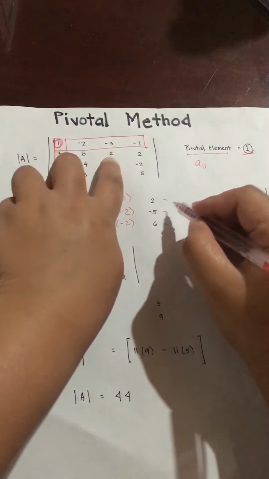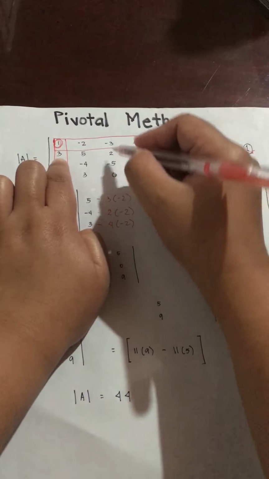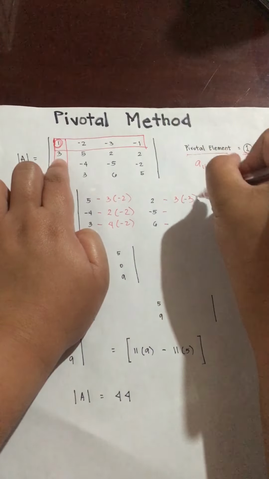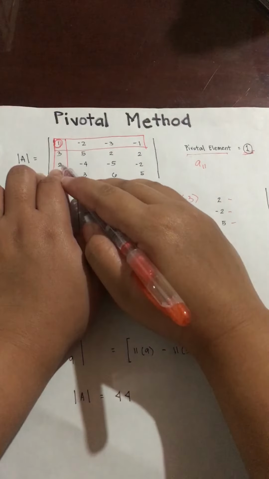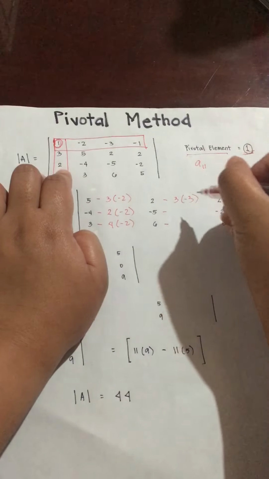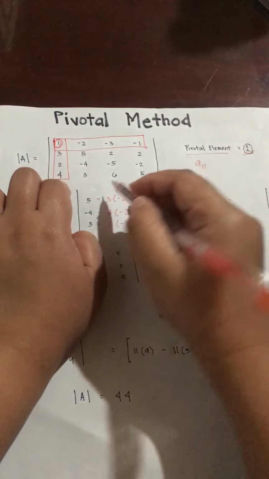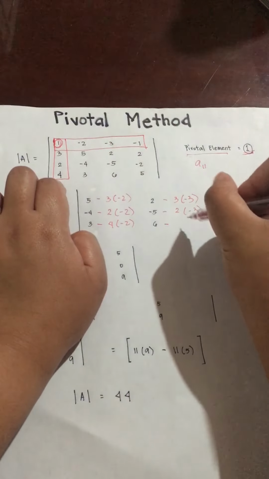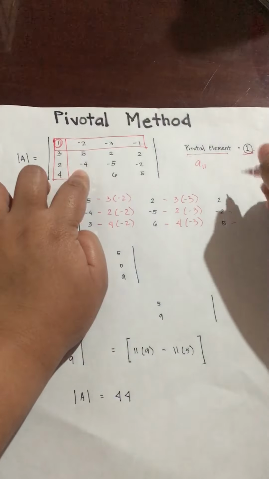Next is yung sa 2 here. Subtract natin sa nag-i-intersect, which is yung 3 and negative 3. Next, yung negative 5 here, which is yung 2 and negative 3. Next is yung 6, which is yung 4 and negative 3. So on and so forth.